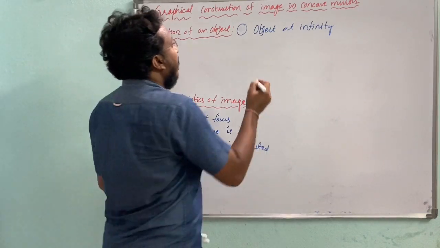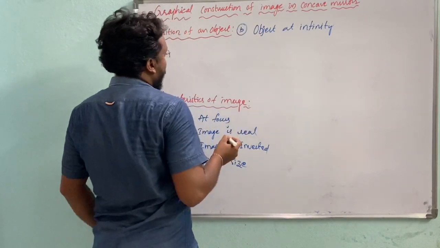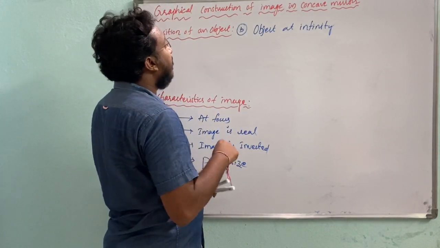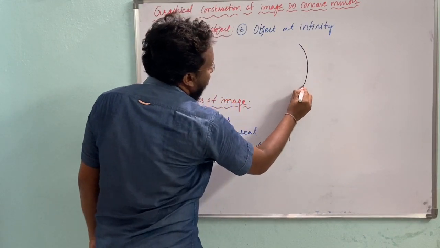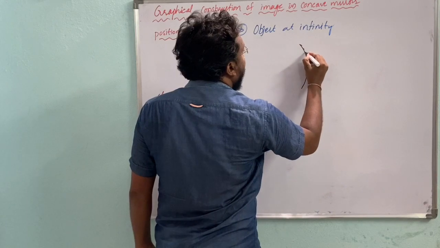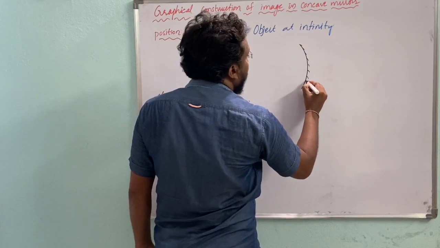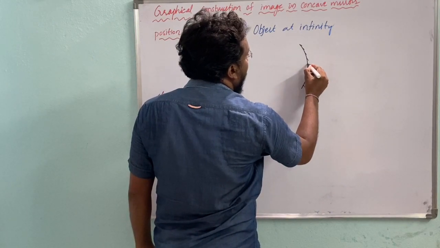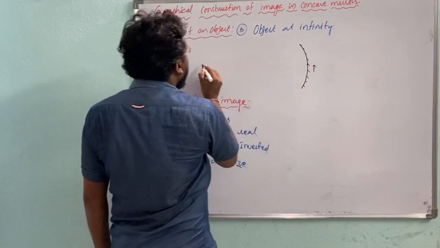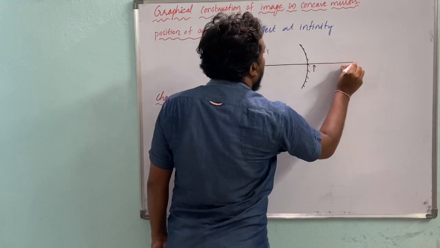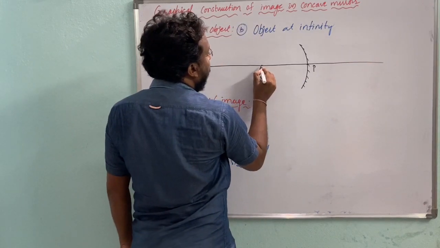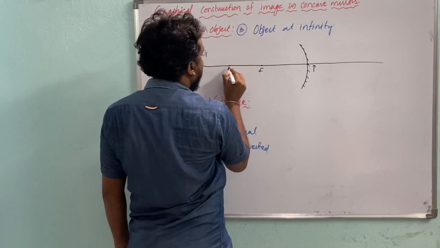In the second case, the concave mirror. Every time while drawing the ray diagram, we have to identify the pole, focus and center of curvature.